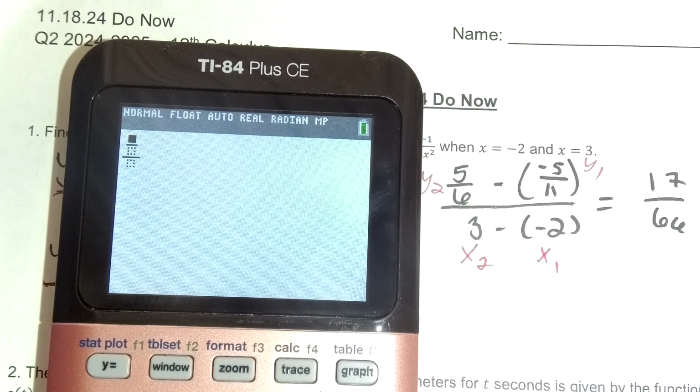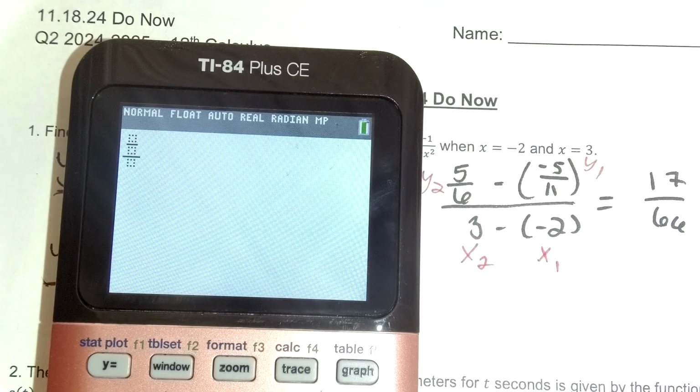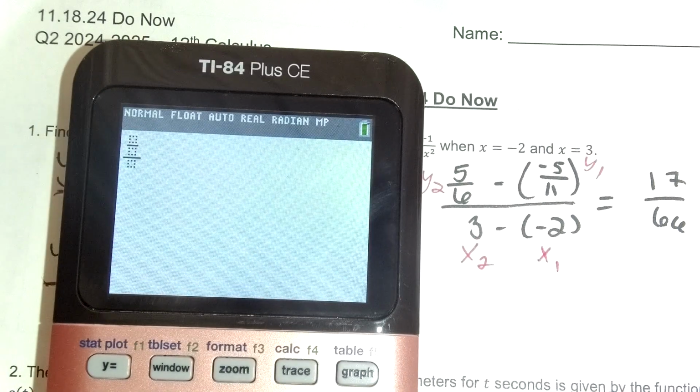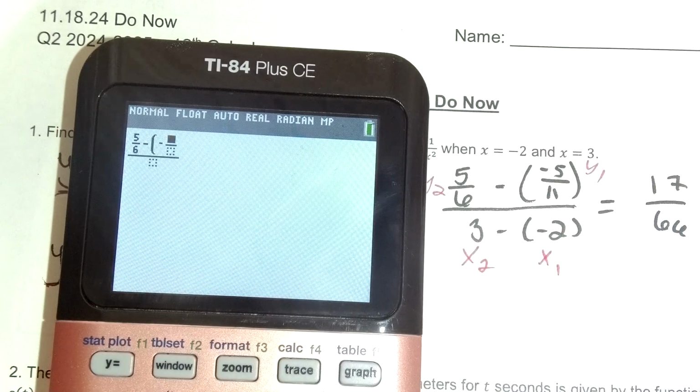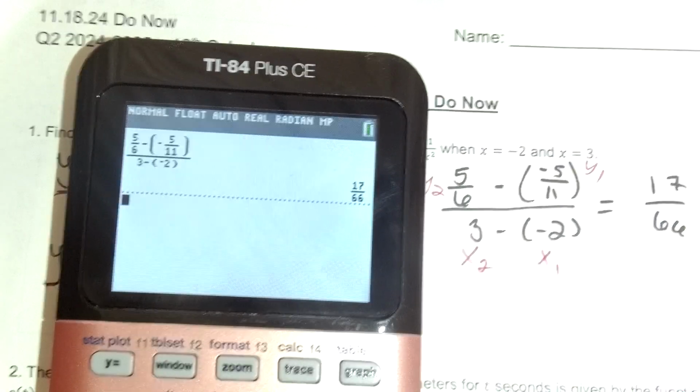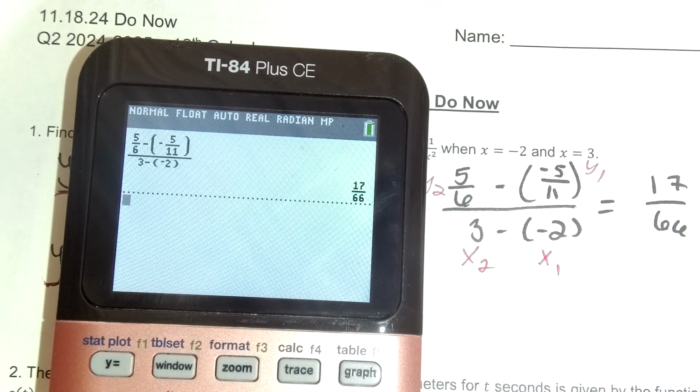Yeah. How do you get 66? Okay, so when I put it in the calculator, I do 5, 6 minus negative, oh, need parentheses, negative 5 over 11, over 3 minus negative 2. Make sure you put it in your calculator correctly, okay, if you didn't get 66.